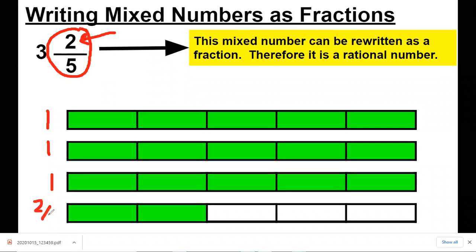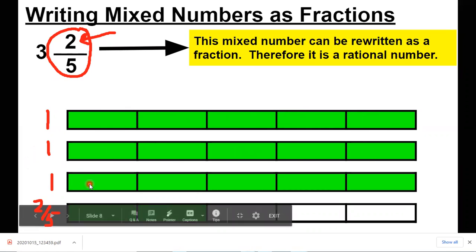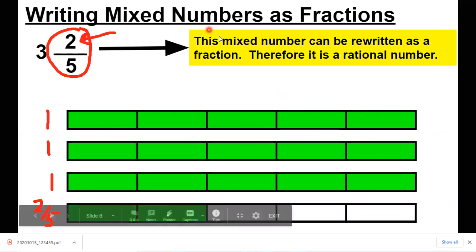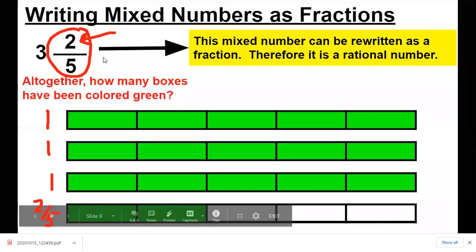Now, if I want to change my mixed number 3 2/5 into a fraction, I have to count up all the pieces that I've eaten. 1, 2, 3, 4, 5, 6, 7, 8, 9, 10, 11, 12, 13, 14, 15, and then on the bottom, 2 more, 16 and 17. So I have eaten a total of 17 pieces.